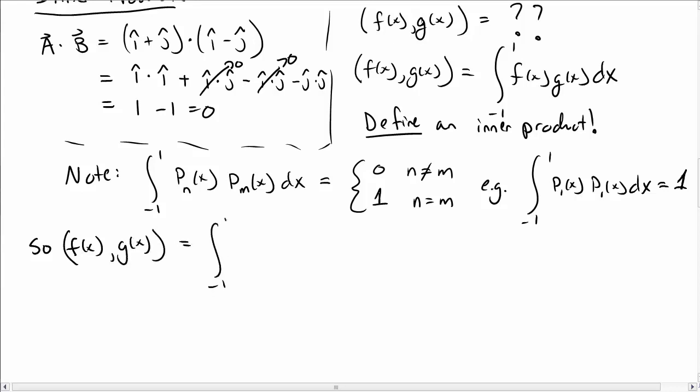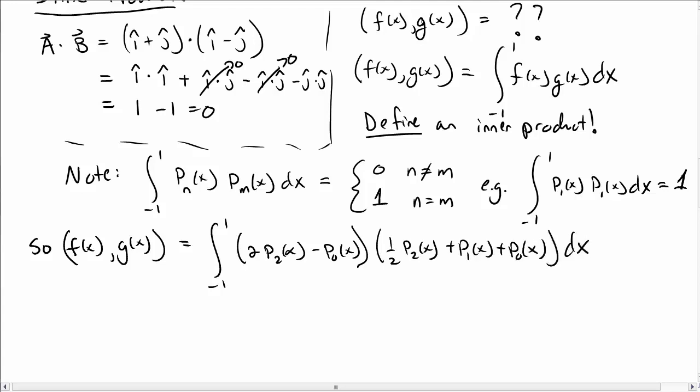So let's take the inner product between f of x and g of x. Again, it's the integral from -1 to 1 of f of x times g of x, written here in terms of Legendre polynomials, integrated dx. Okay, so there's a lot of terms here. I'm just going to write a few of them out.